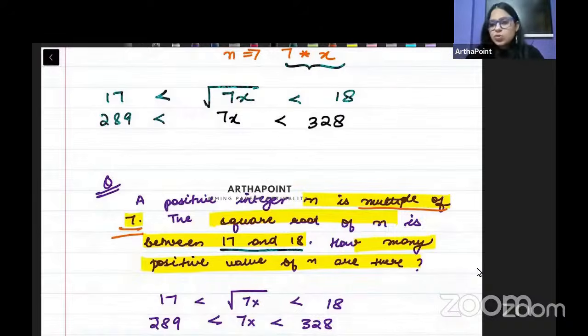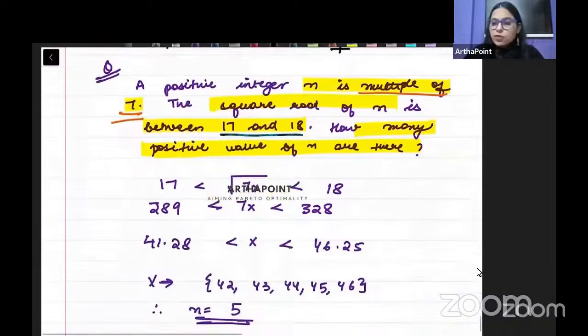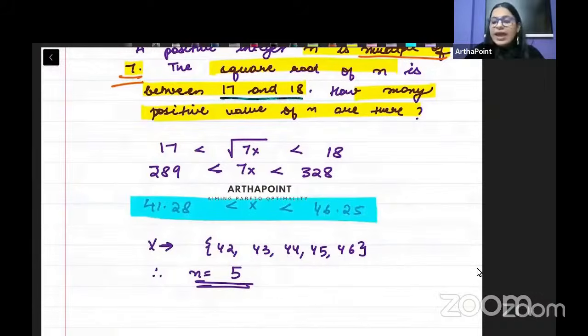Now, if I divide throughout by 7, what will I get? I will get 289 by 7 less than x less than 324 by 7. So if you solve this, you will get that x should be between 41.28 and 46.25, right?